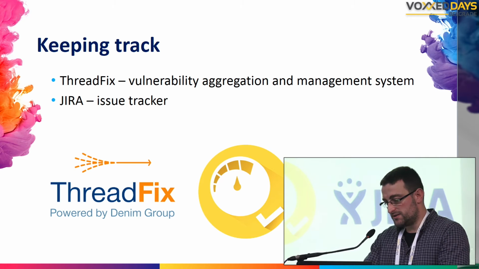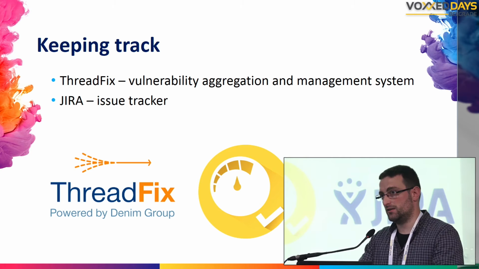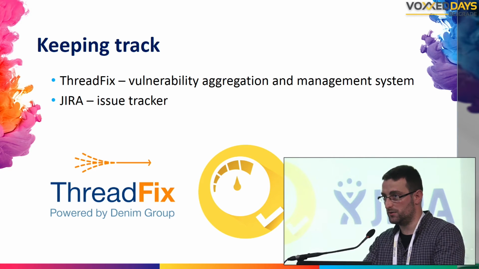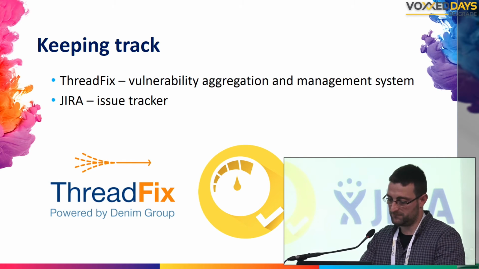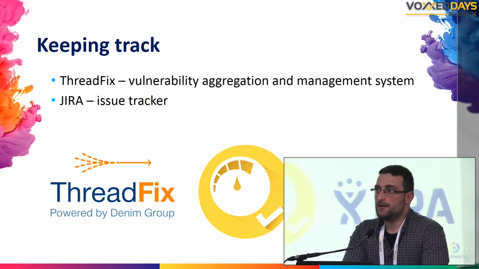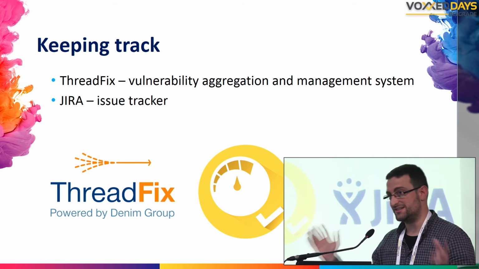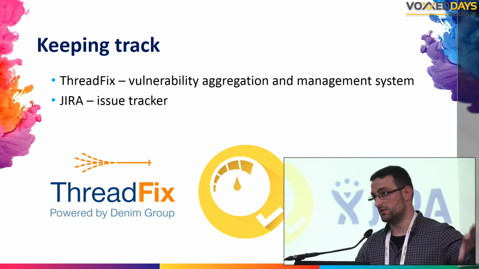Okay, so once you get all those reports uploaded to ThreadFix, ThreadFix does a really cool thing. I don't know how many of you are familiar with CWE. That's a vulnerability enumeration standard. So you have some sorts of vulnerabilities, and they are all enumerated by some IDs.